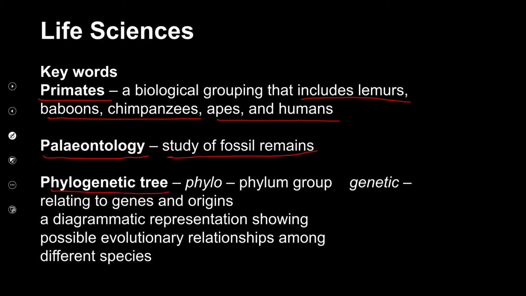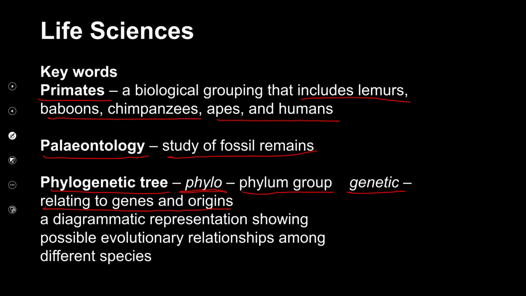A phylogenetic tree is a diagram that we find in evolution. It's called a phylogenetic tree because the diagram represents phyla. From the part of the term phylo, we see it means phylum, group, so we see the different groups that are related, and genetic means relating to genes and origins.